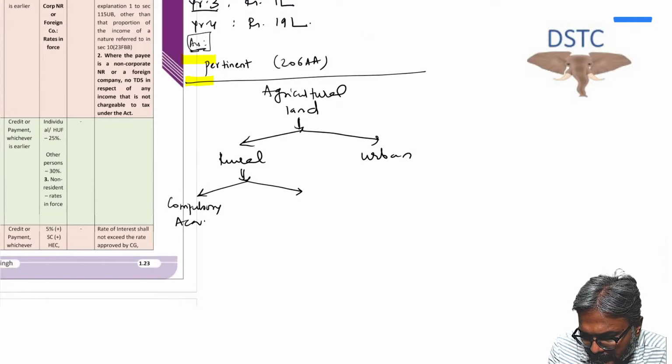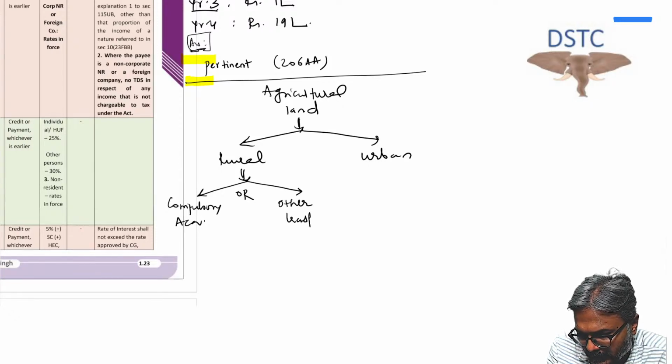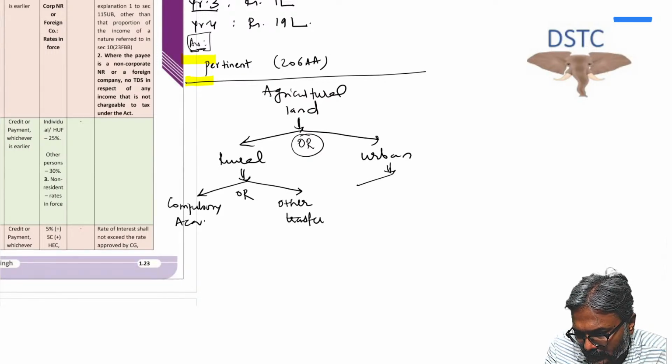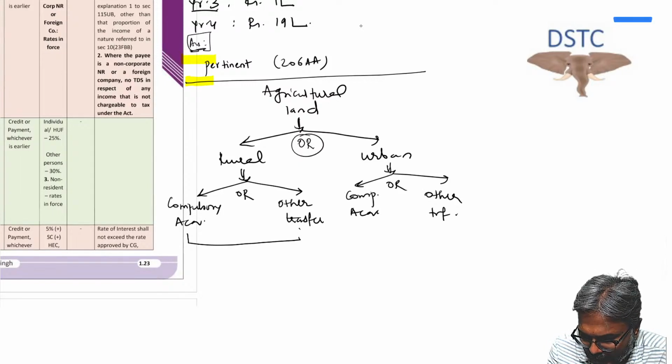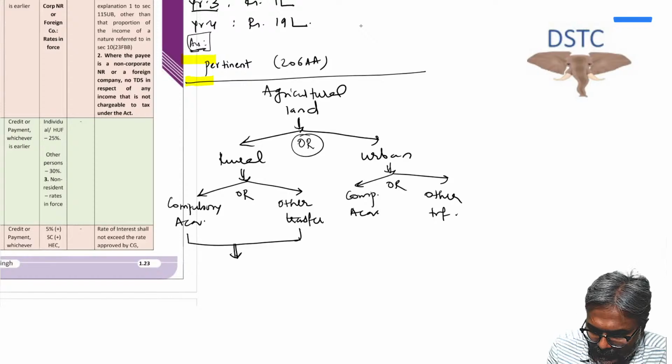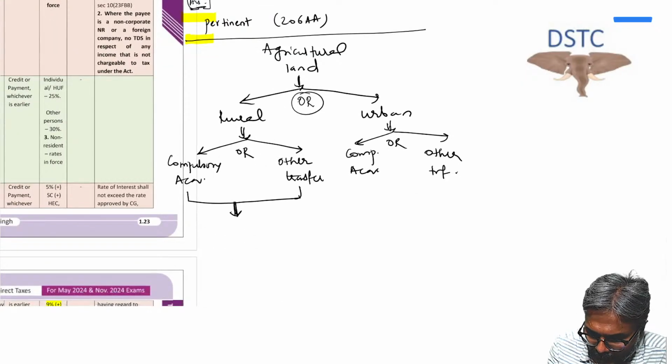Compulsory acquisition or other transfer. Here also, compulsory acquisition or other transfer. What are you going to say?